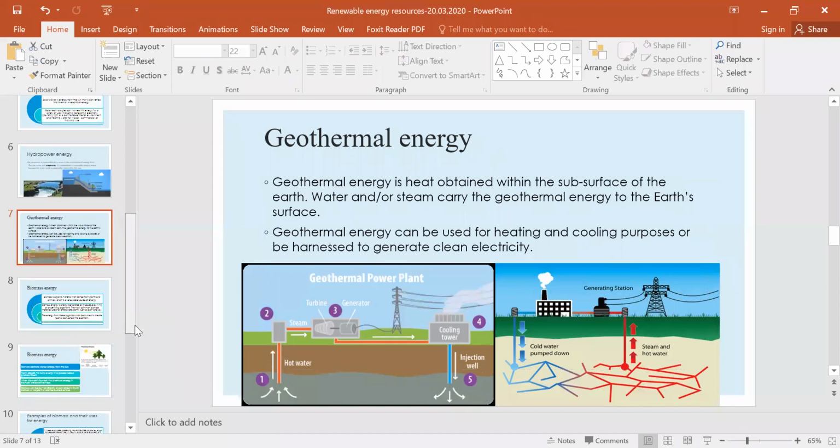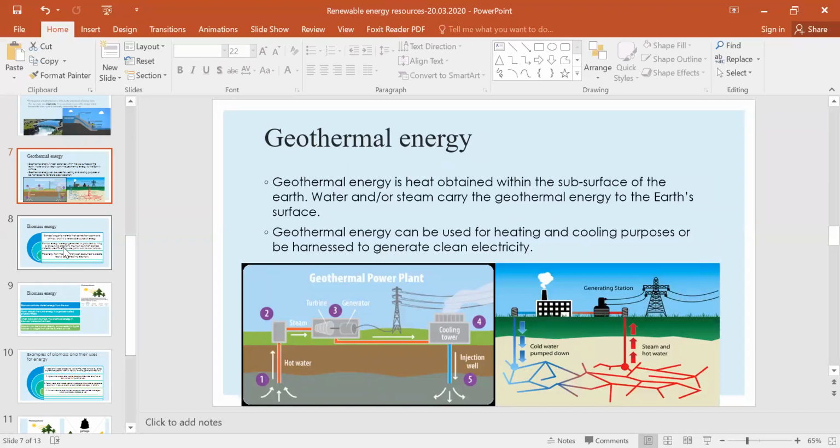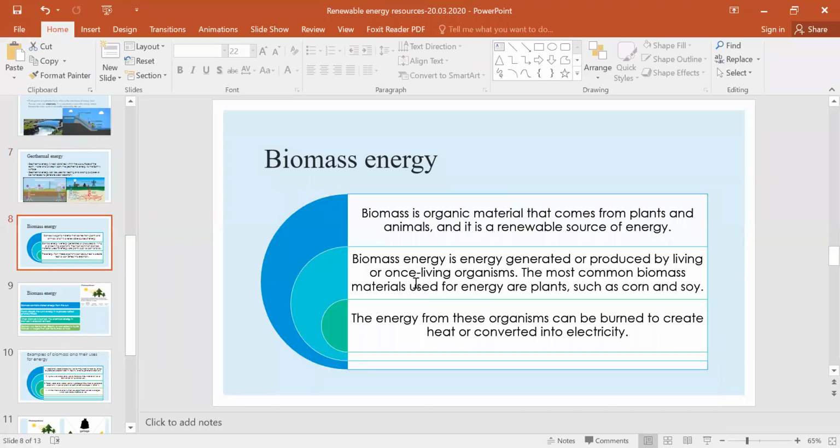And at the last, the biomass energy. In fact, we should understand what biomass itself is. Biomass is the organic material which comes from plants and animals, and of course it is a renewable source of energy.